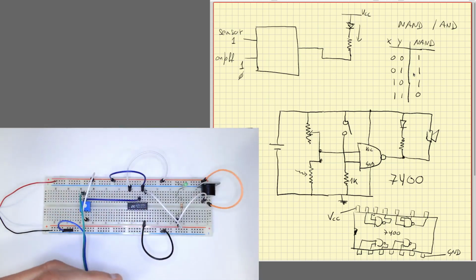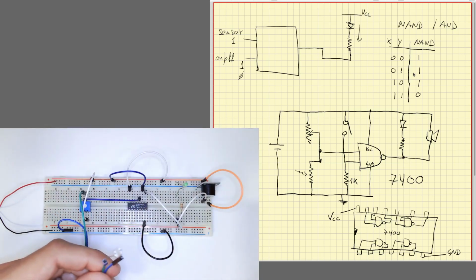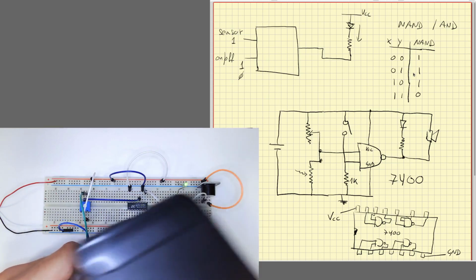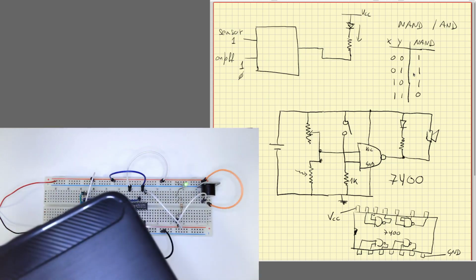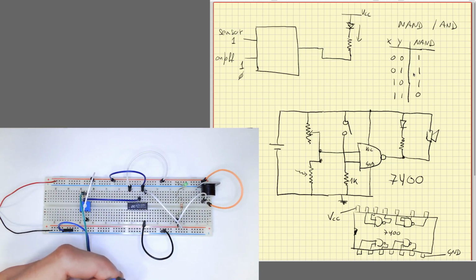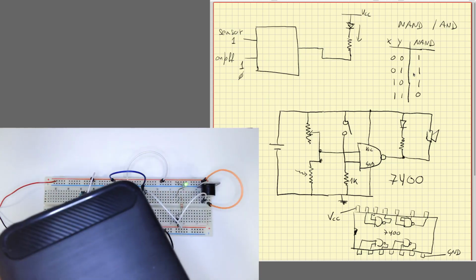That's it. Okay, so now it detects some object that interrupts light. So it's the same system for an alarm, like detects something passing by or whatever.